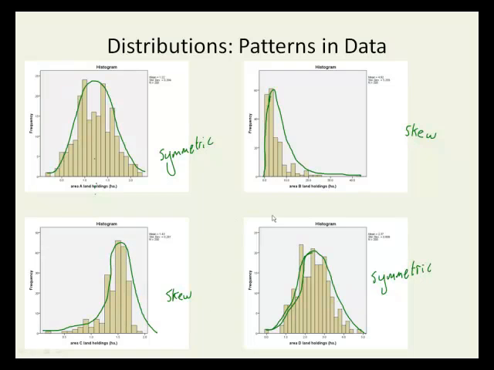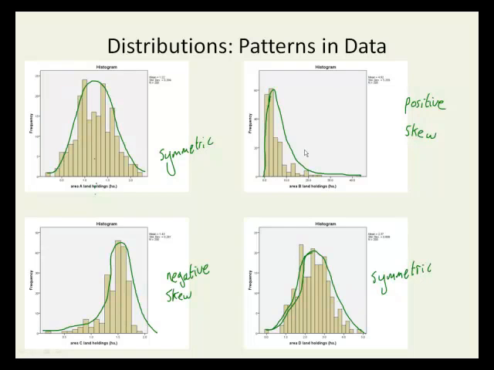Now, seeing as both of these are skewed, we need to have some way of distinguishing them. This one is known as a positive skew, and this one is called a negative skew, or negatively skewed.